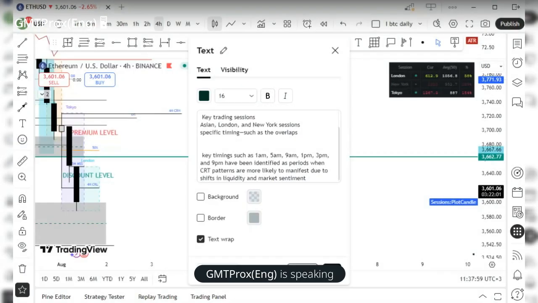During this time, the market is either transitioning from one major session to another or experiencing a surge in trading volume. For example, the Asian session typically shows lower volatility characterized by accumulation, whereas the London session is known for sudden bursts of volatility and forced breakouts.